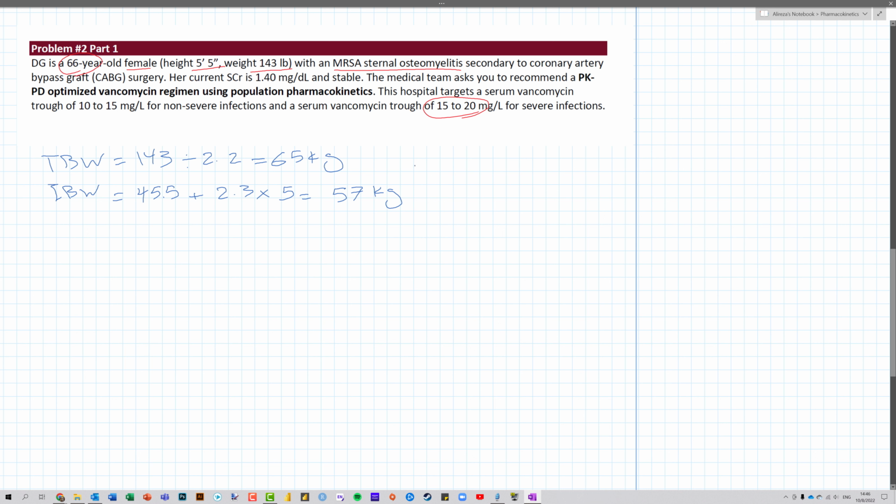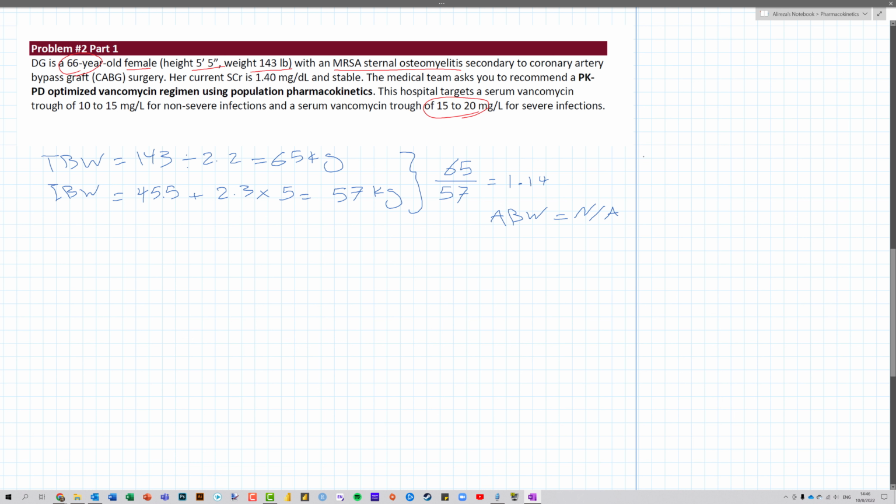Now if you get the ratio of these two, total body weight 65 divided by 57 would give you 1.14. So that means this total body weight is only 14% above ideal body weight. So there is no need to calculate adjusted body weight.